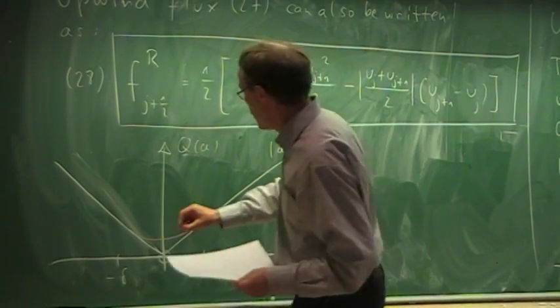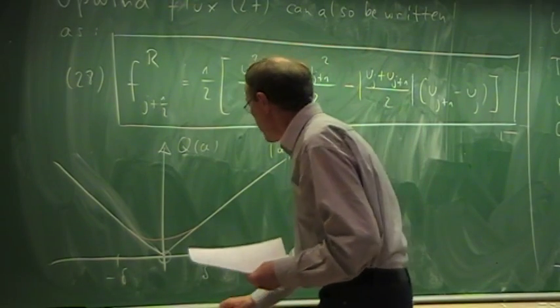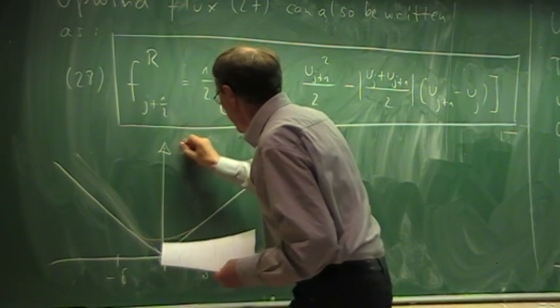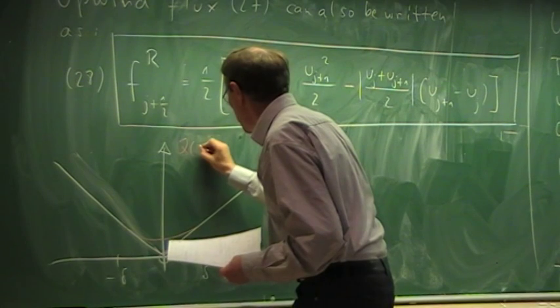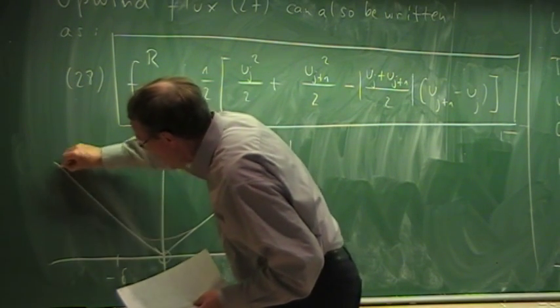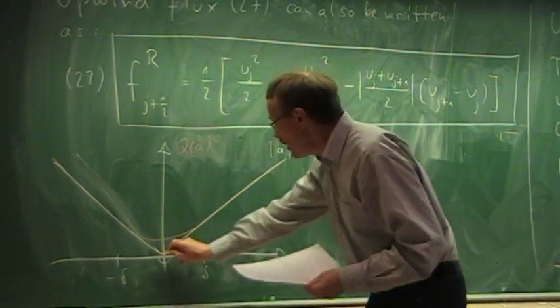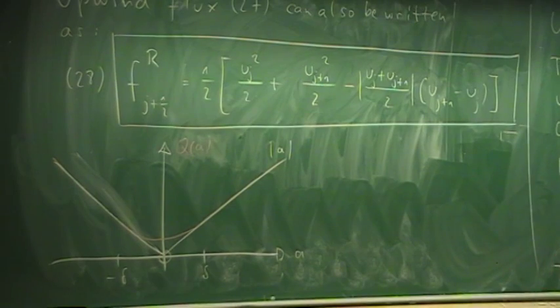So what we have here is the absolute value, and the Q of A that I now make red is the same as the absolute value, but near 0 it is modified.